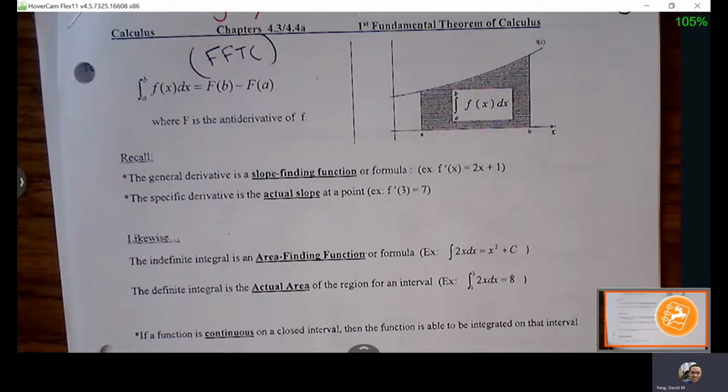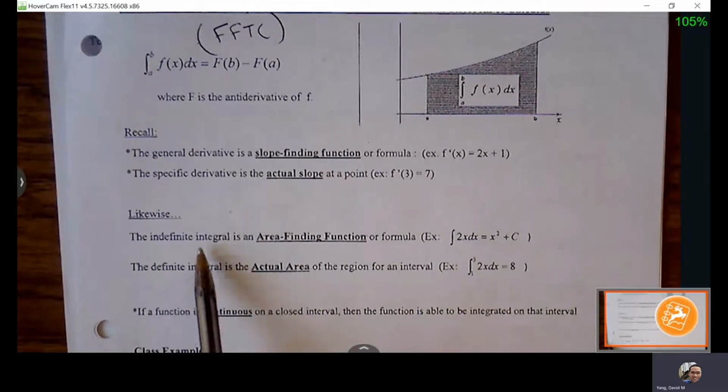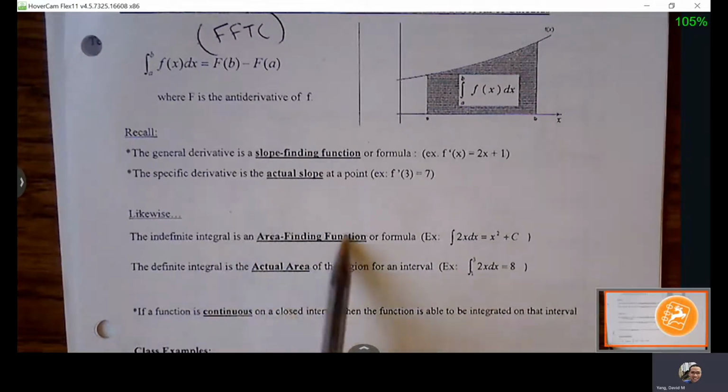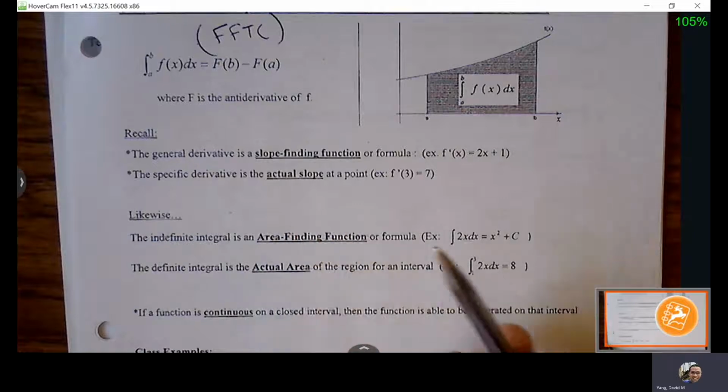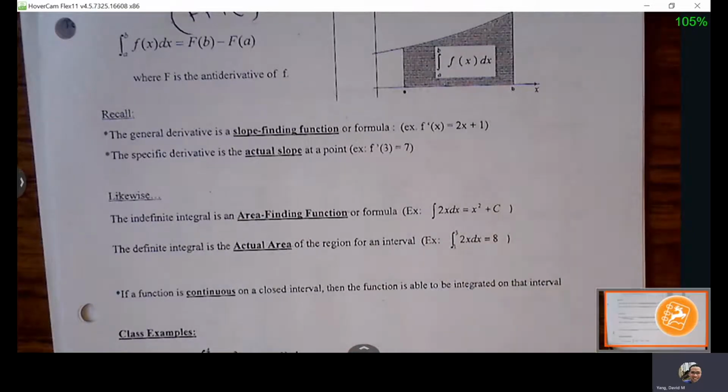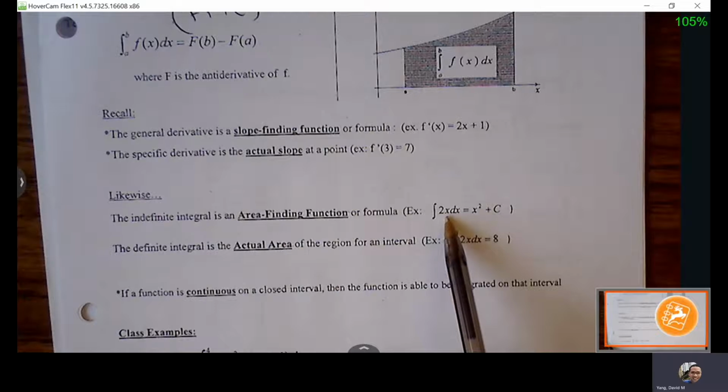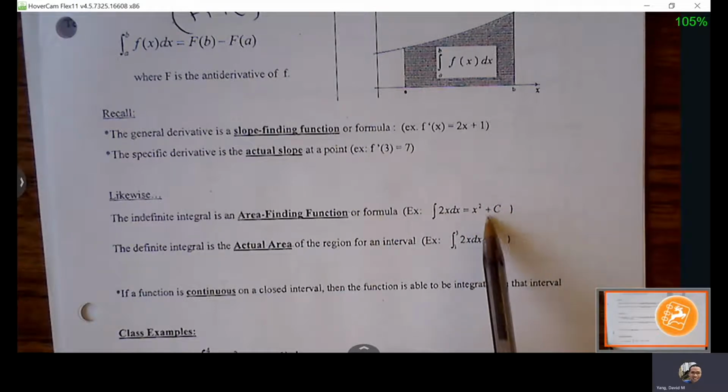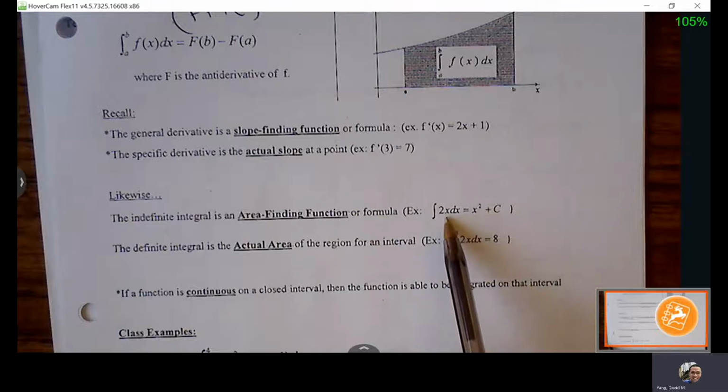Okay, likewise, the antiderivative, the indefinite integral, is an area-finding function. Okay, you saw that on the quiz where you did the antiderivative and you included plus c. What you found is not only the antiderivative, but you also were able to find the area-finding formula for the original function. So the x squared plus c is the area formula for the 2x.